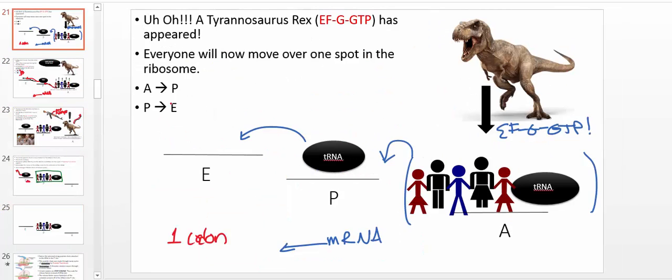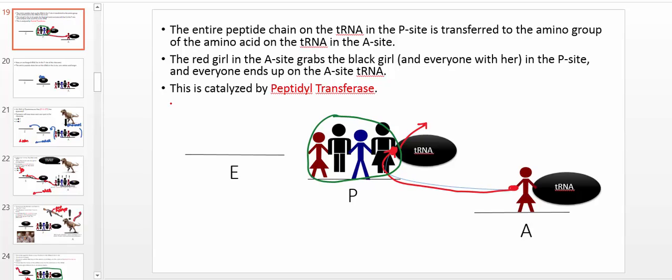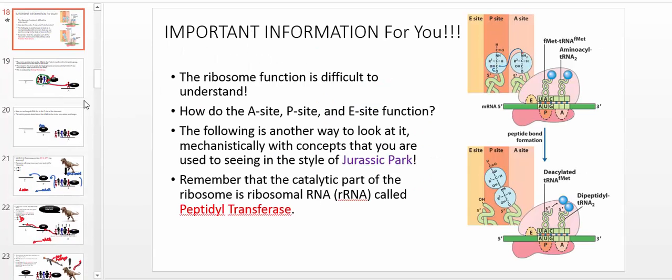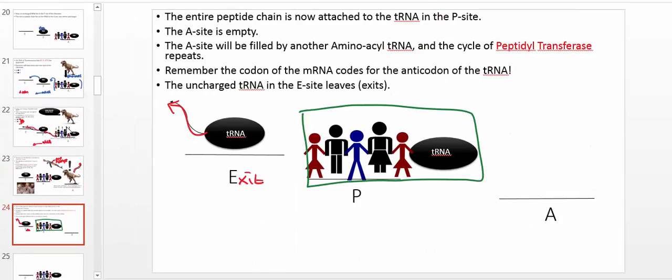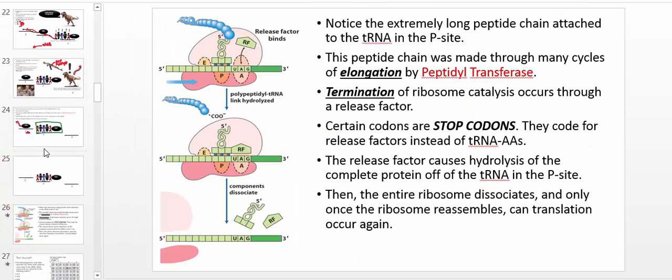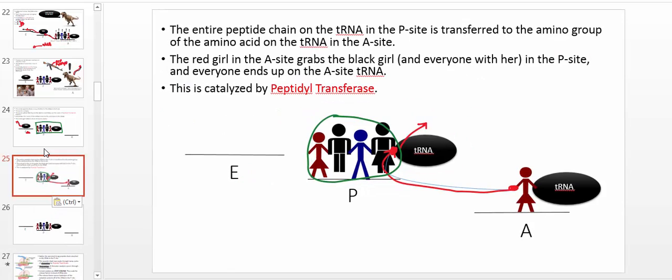So what I want you to notice is the following. Let me actually go and get this slide right here. I'll copy, move down, and paste right here. There we go. So I want you to look at the difference between these two. What's the difference between these? Well, here in the P site, I have 4 amino acids represented by those 4 people, right?